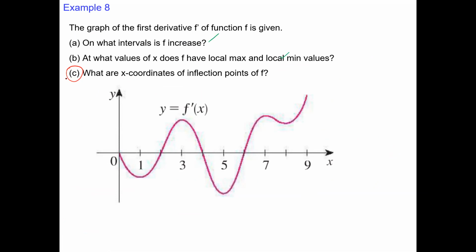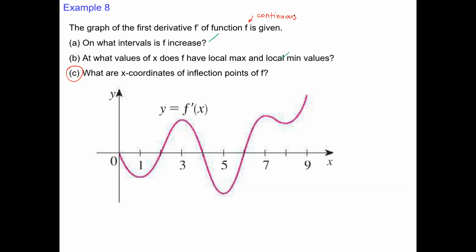But okay, let's do this question again, because this is a nice question. We do have a graph of the first derivative of the function. And I have to say that this function is continuous everywhere on the entire interval.